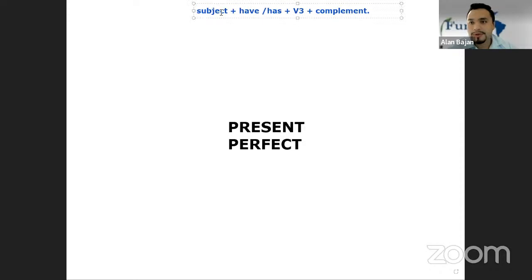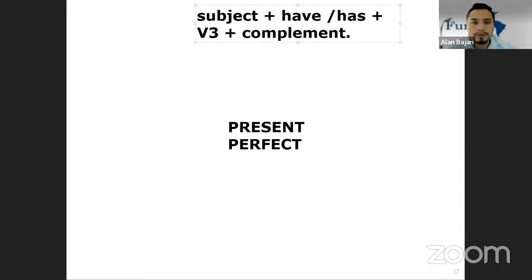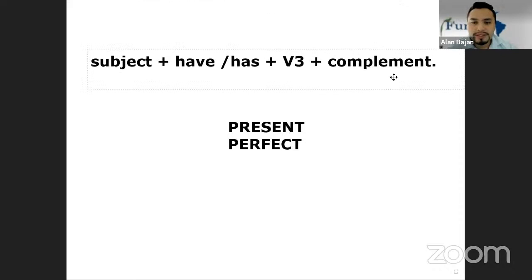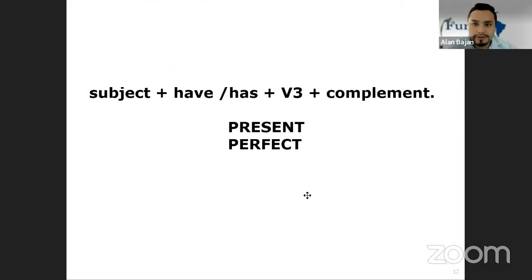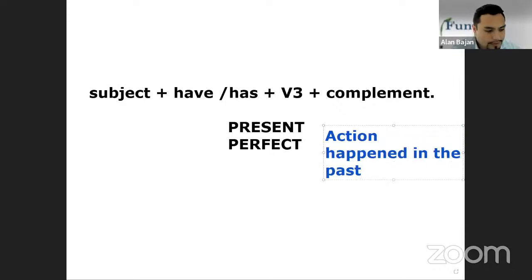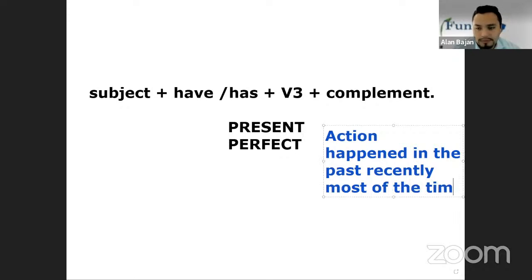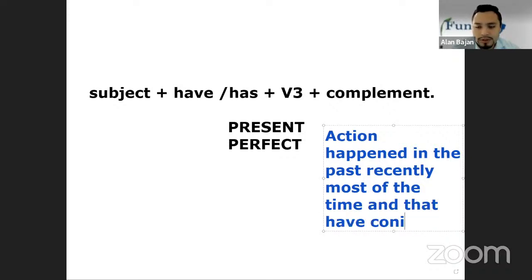So let's start again with the structure here. The structure of present perfect. So present perfect basically, class, are actions that happened in the past, recently, most of the time, and that have continuity in the present.